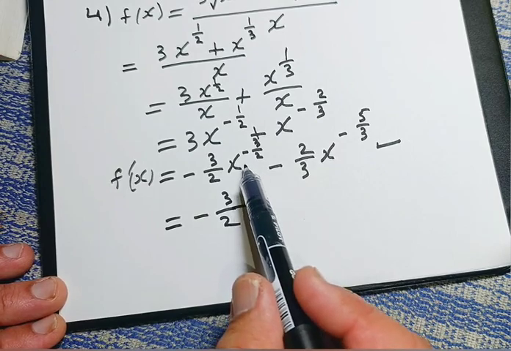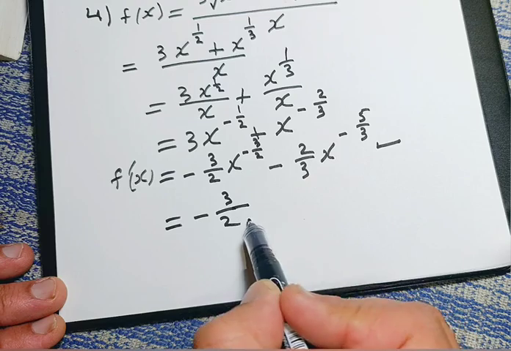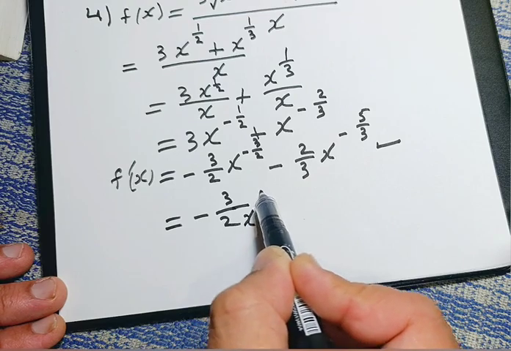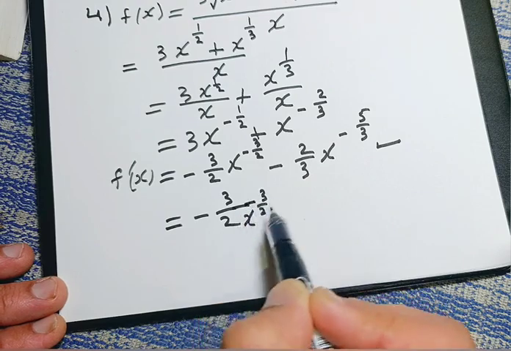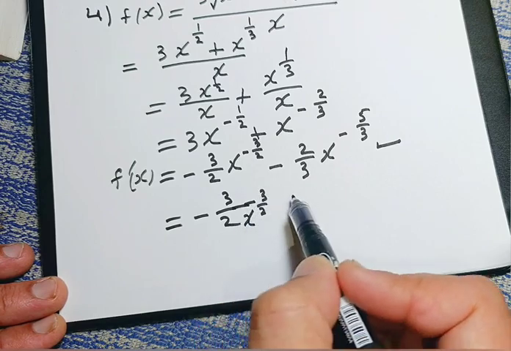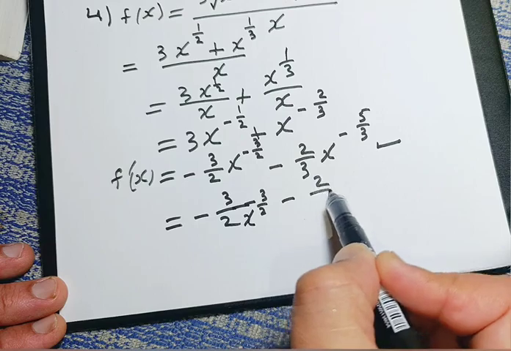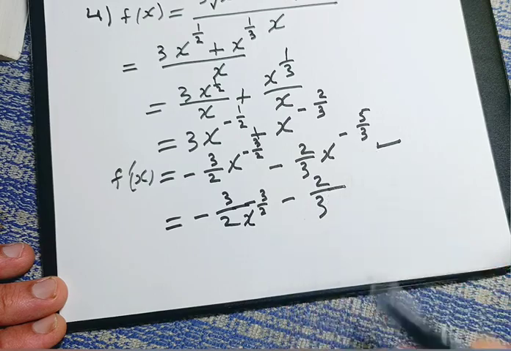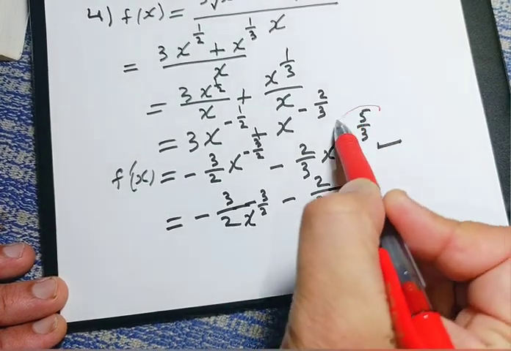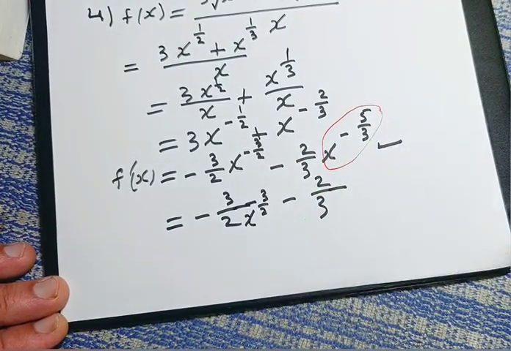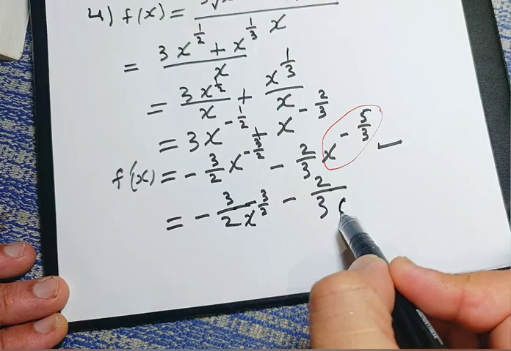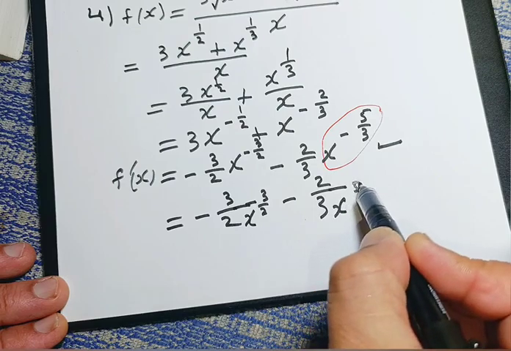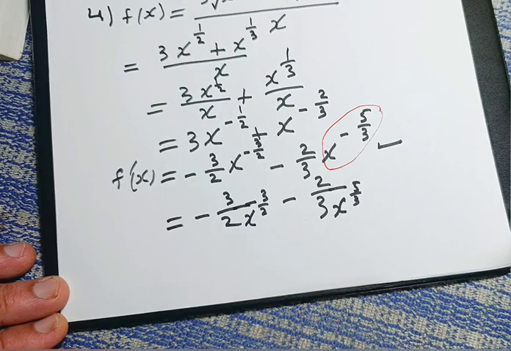So x to the negative 3 over 2, I pull it down, becomes x positive 3 over 2. Right, this is under now, negative 2 over 3. Obviously this one I have to make positive. So the x power 5 over 3. So this is my final answer.